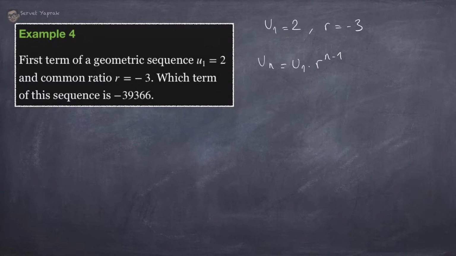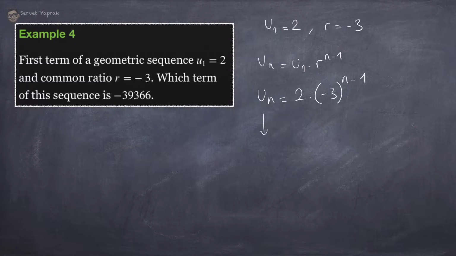We need to write down the general term of this geometric sequence. So this is our general term formula. Un equals u1 times r to the power of n minus 1. I will substitute the first term, un equals 2 times negative 3, our common ratio, and the power will be n minus 1. Next, we need to write down this general term as a function to be able to calculate with the calculator.